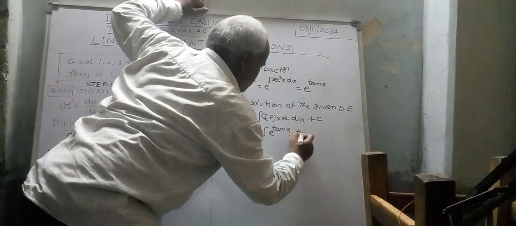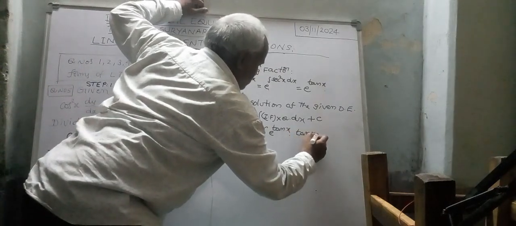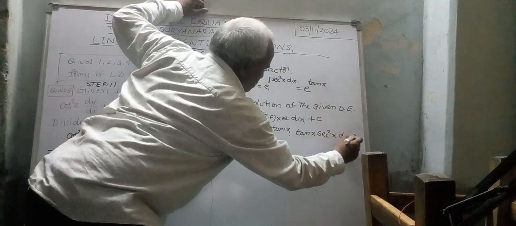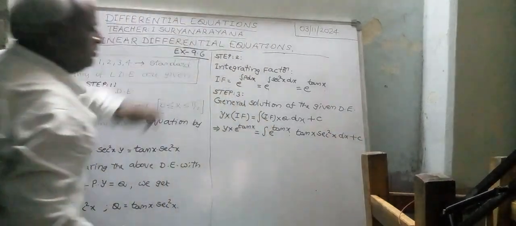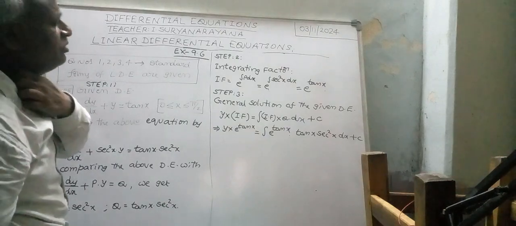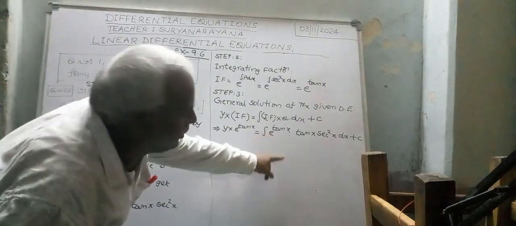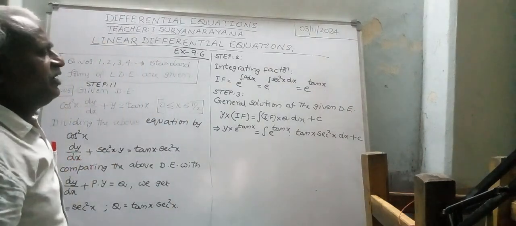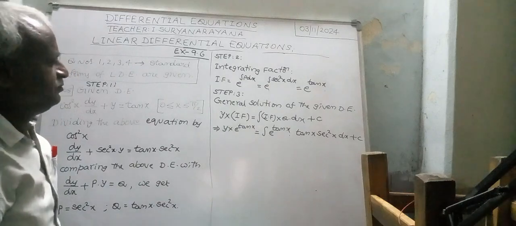So integral e power tan x into tan x secant square x dx. Hereafter we use the integrating by parts method only.